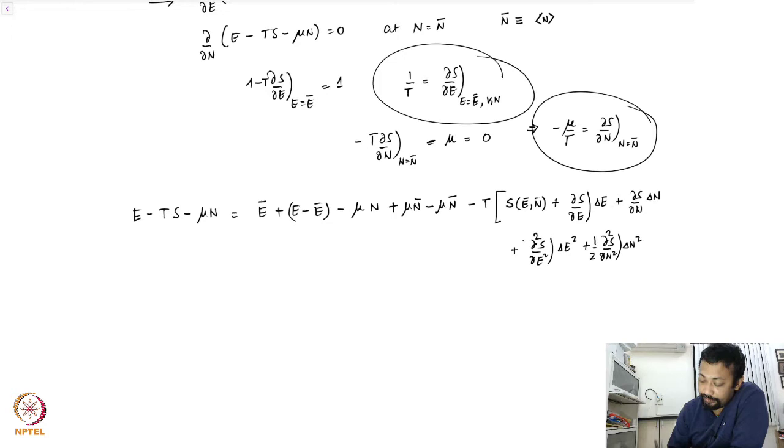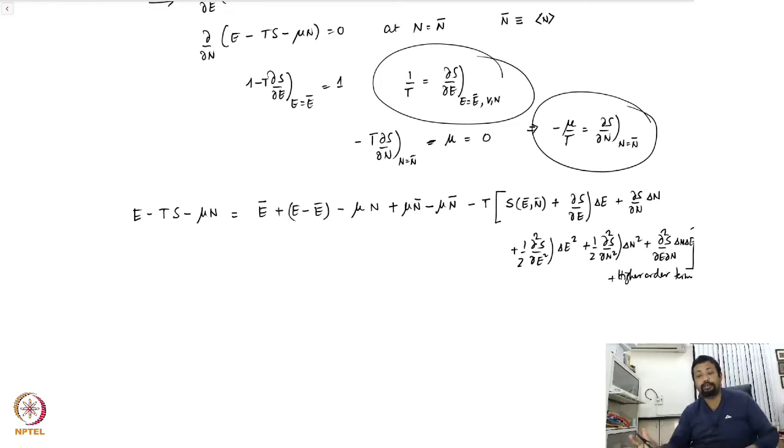There is going to be a half factor here, plus del 2 S del E del N delta N delta E. Of course, you will have higher order terms which we will ignore.